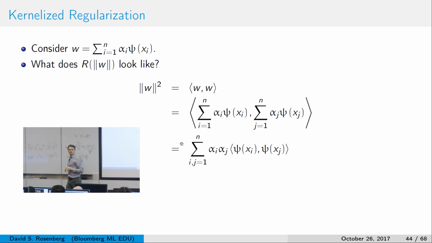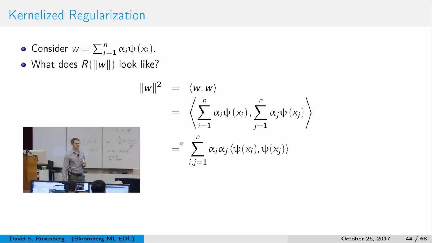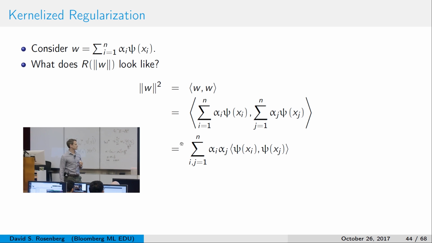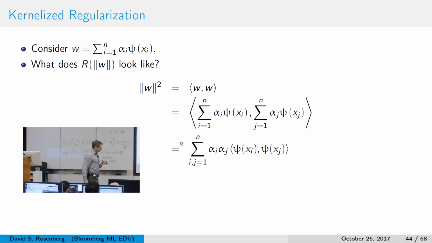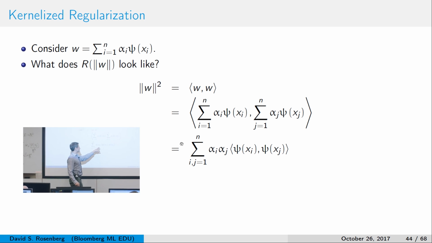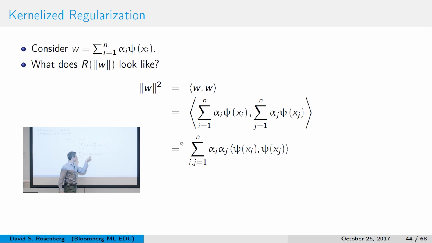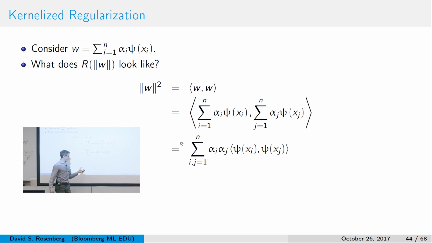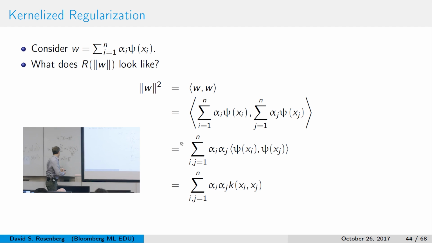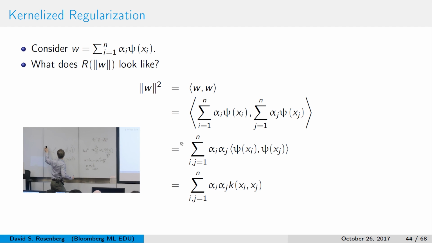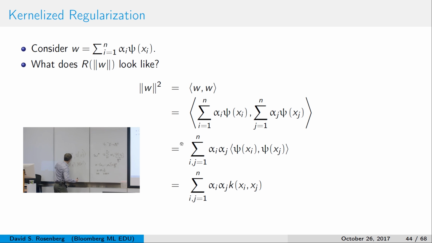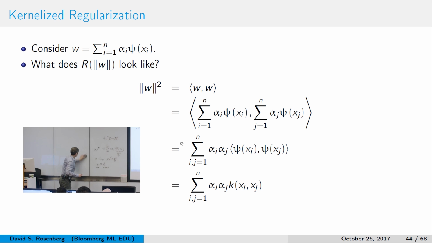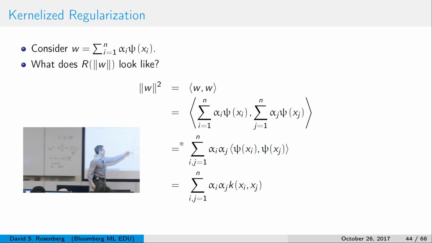We can expand this by linearity, and we get this. Now this should maybe look familiar, depending on how recently you've done a lot of linear matrix algebra. But what if we replace this thing by K_ij? That would be not the kernel function this time, but the kernel matrix. All right, so this was a simple substitution.